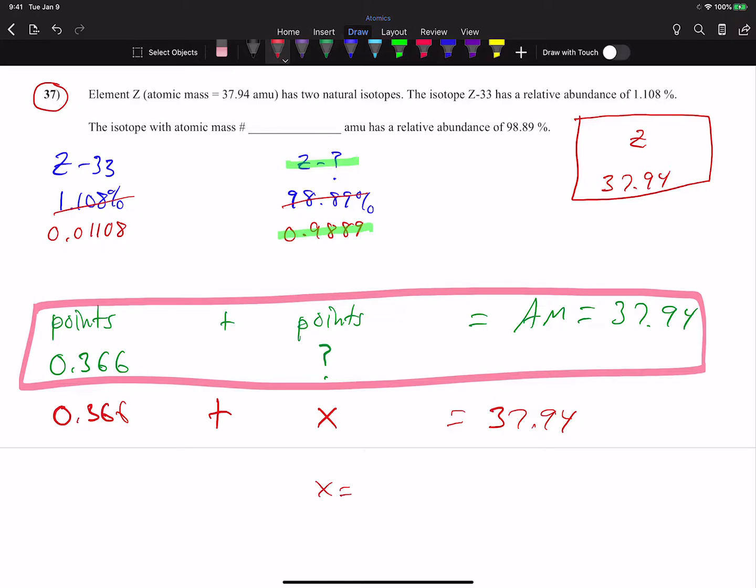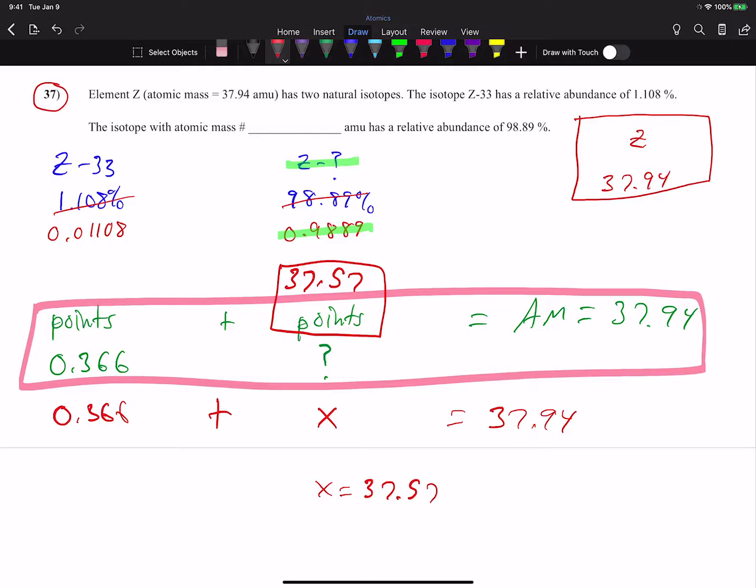So x works out to be 37.94 minus 0.366. And that missing value for x is 37.57. So the points from the second isotope is 37.57 points.